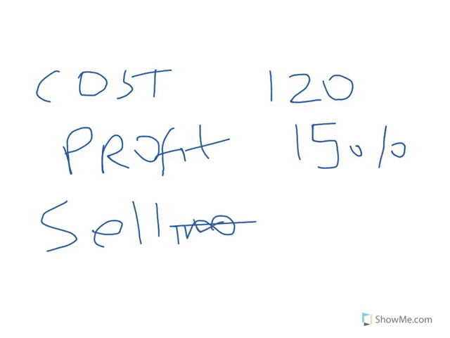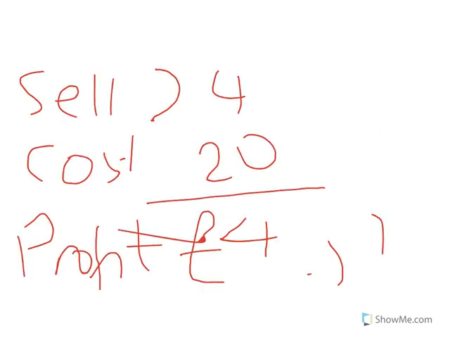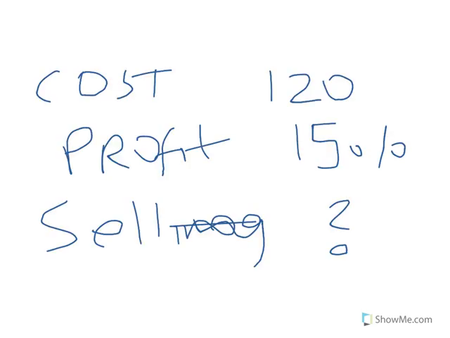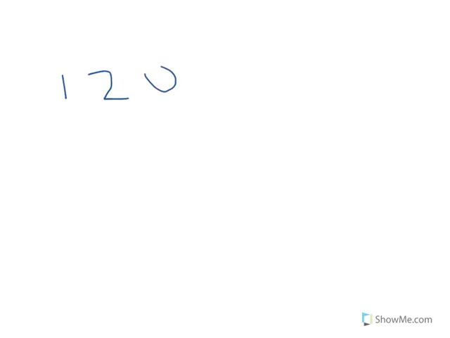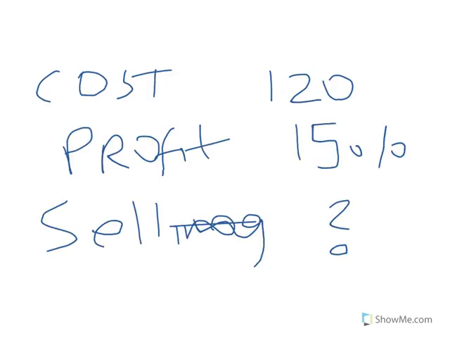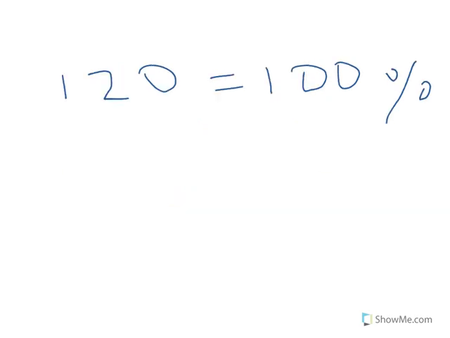Simply, I will say that the cost, which is 120, equals 100%. I don't know the selling price, but the profit is 15%, so 115% should be the selling price.